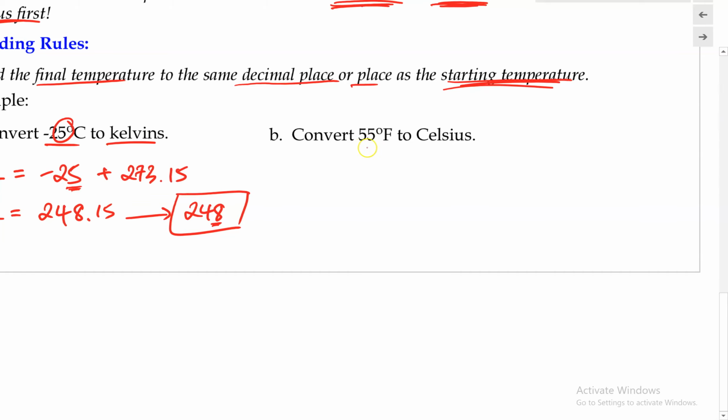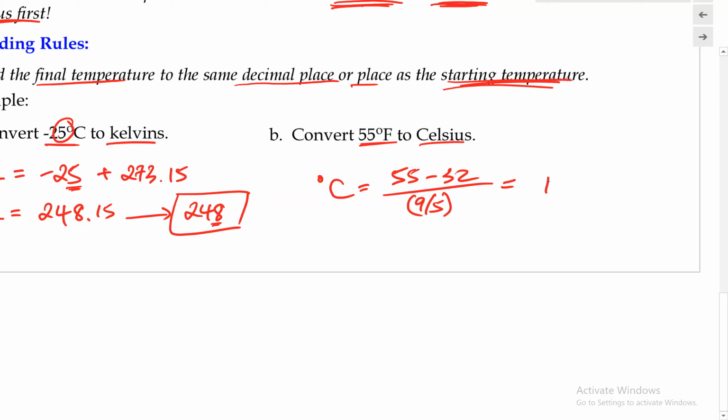Convert from Fahrenheit to Celsius. So in this case, the equation to do this is as follows. Degree Celsius is equal to the degree Fahrenheit, which is 55, minus 32 over 9/5. And make sure we put parentheses around the 9/5, so the calculator will accept this value correctly the way it is intended.